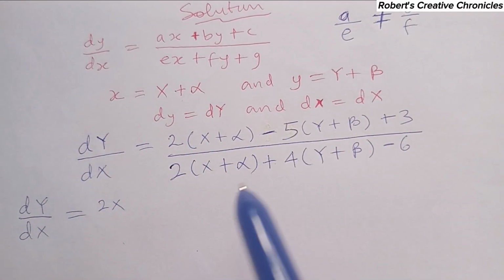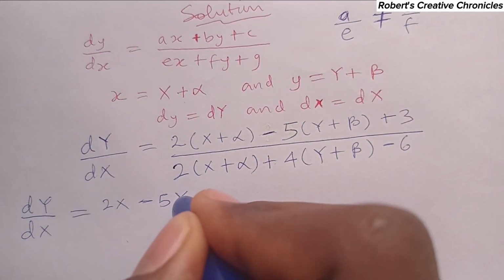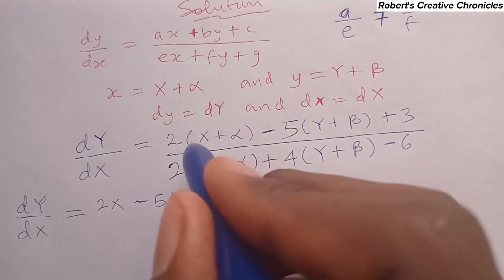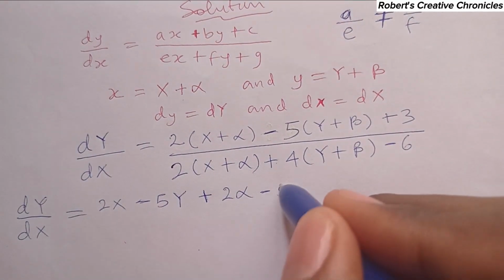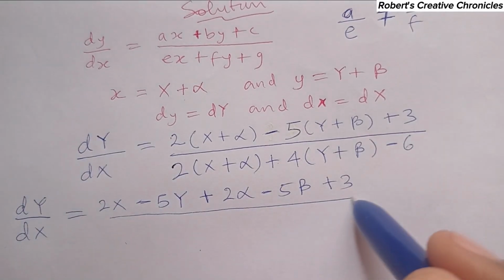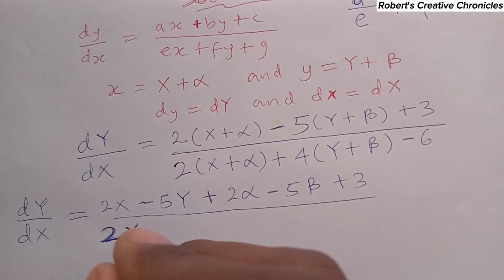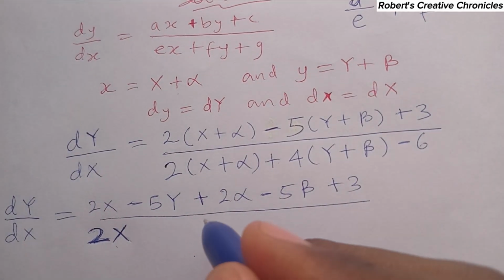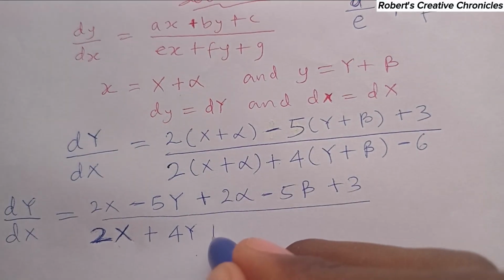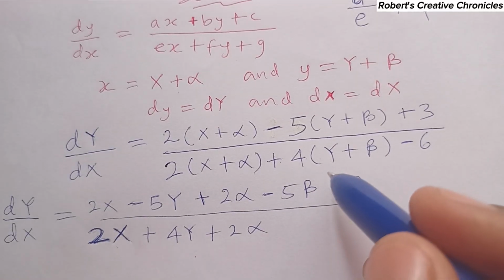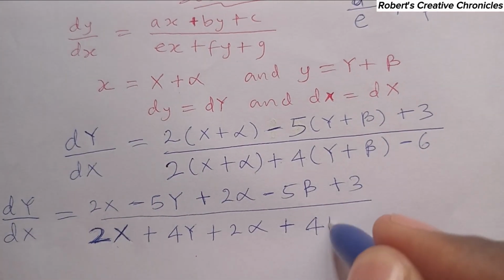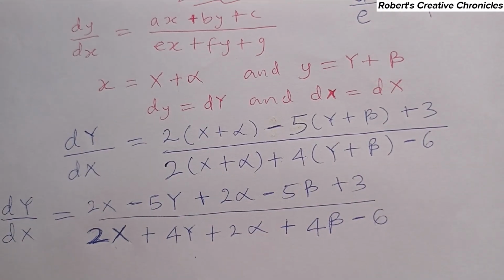So this becomes (2X minus 5Y plus 2 alpha minus 5 beta plus 3), divided by (2X plus 4Y plus 2 alpha plus 4 beta minus 6).